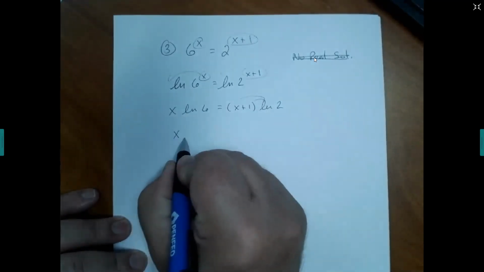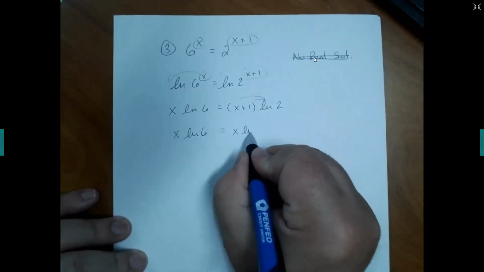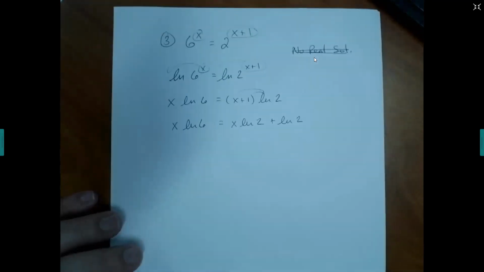Get rid of the parentheses. x ln 6 equals x ln 2 plus ln 2.